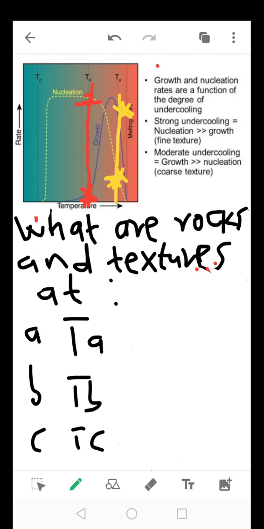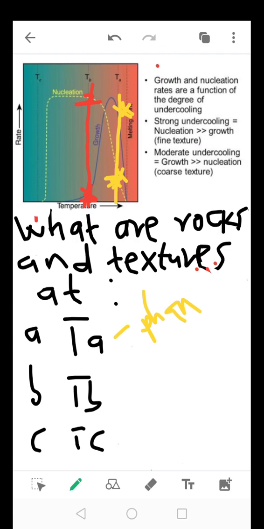Then if the growth of the crystal is so high, obviously we will start to see the coarse grained, that is well displayed by the intrusive rocks such as granite, diorite, gabbro, and even the peridotite. And then we know that now we're talking of a phaneritic texture.